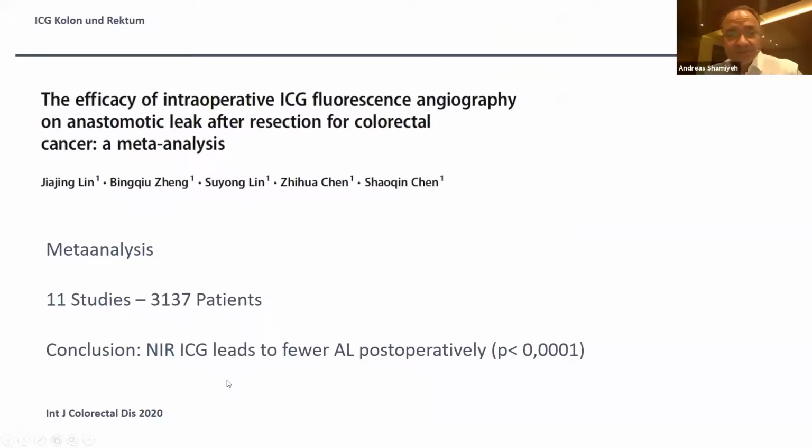This paper just appeared last week, and this is a big meta-analysis of 11 studies, including 3,000 patients, and analyzing all the papers, they could find that there is a significantly lower anastomotic leakage rate if surgeons use ICG.